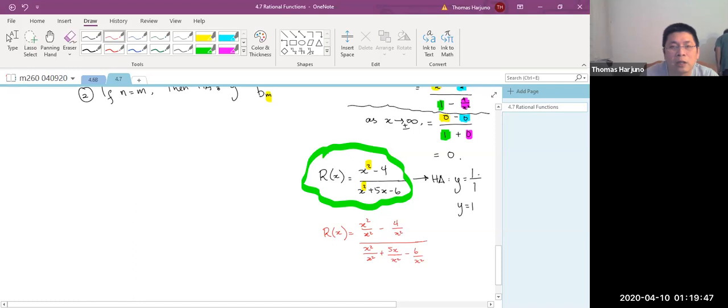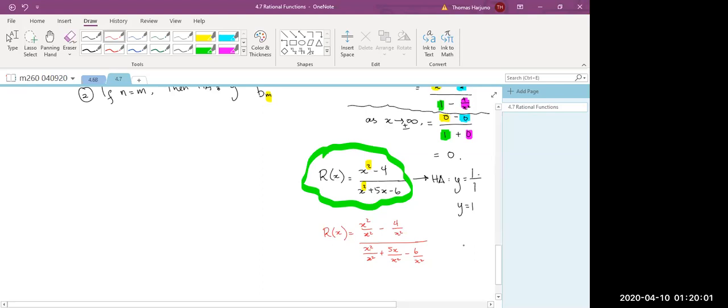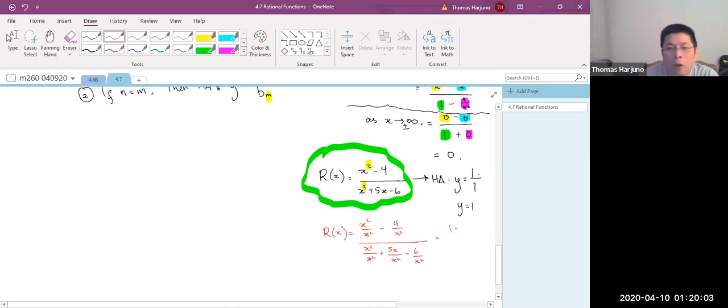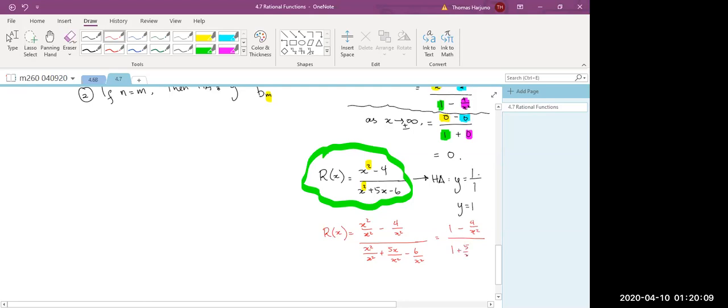Basically, for this rational function, the degree of the numerator and denominator are both 2, right? So I divide each term in the numerator and denominator by x squared, which simplifies to 1 minus 4 over x squared, over 1 plus 5 over x minus 6 over x squared.